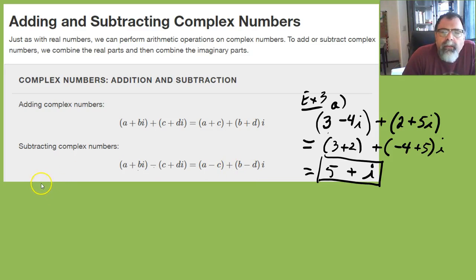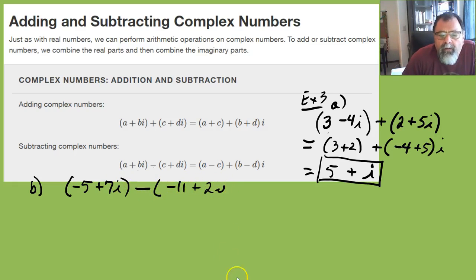So let's look at example 3b: negative 5 plus 7i minus negative 11 plus 2i. Typically what I do is, just for a moment, ignore that they're complex numbers and think of them as algebraic expressions. I can drop the first parenthesis since there's nothing out in front of it.